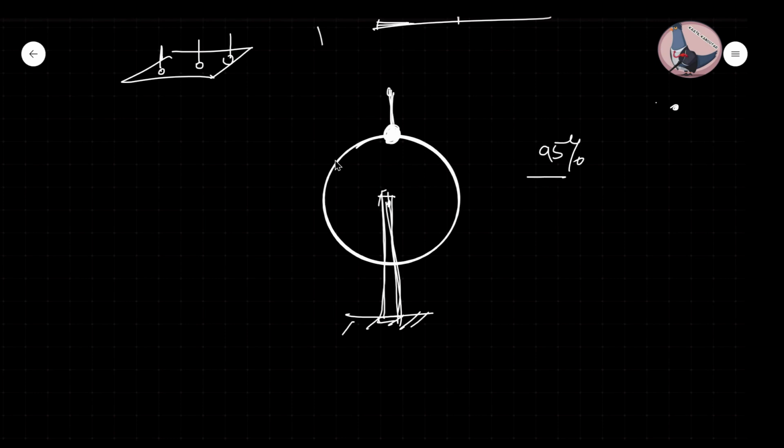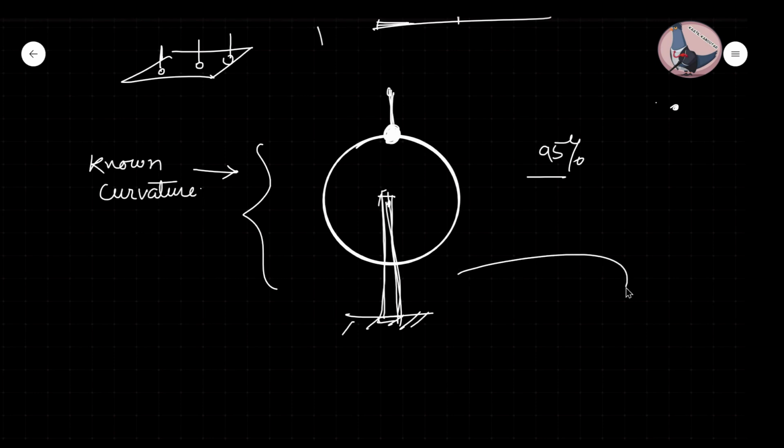Fine. Now, why do we take a sphere? We take a sphere, or we take rings, because these are objects having some known curvature. In an actual job, when you will be doing the testing with probes, there will be deviation in direction.